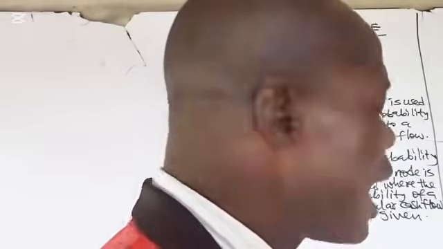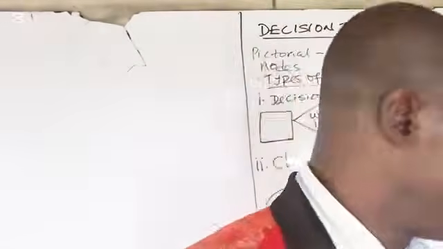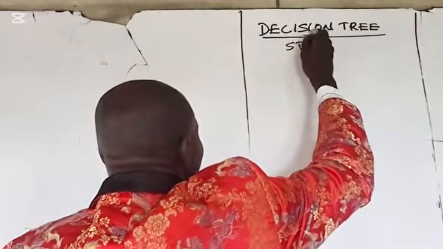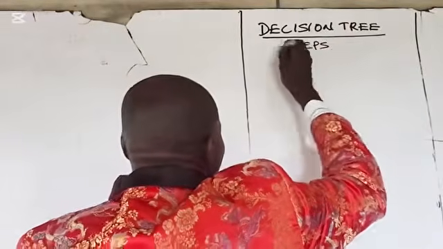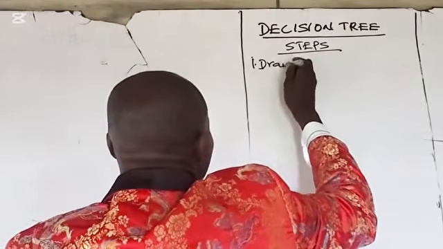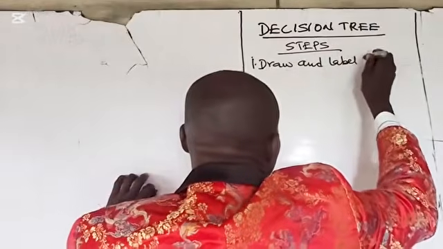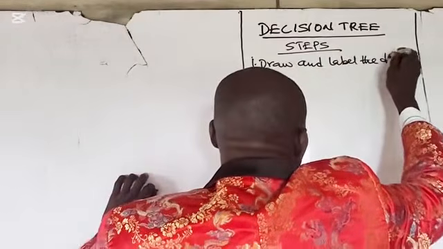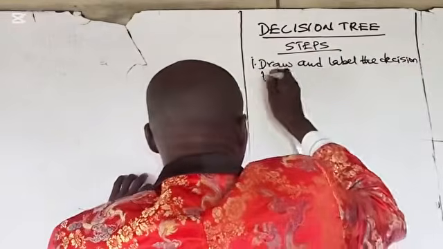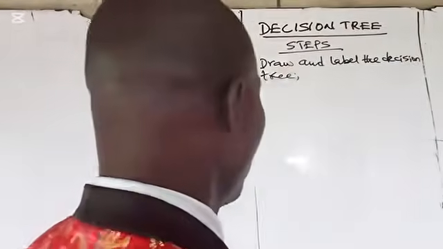So, what are the steps to take when solving a decision tree? Steps in solving a decision tree. Step number one: draw and label the decision tree.